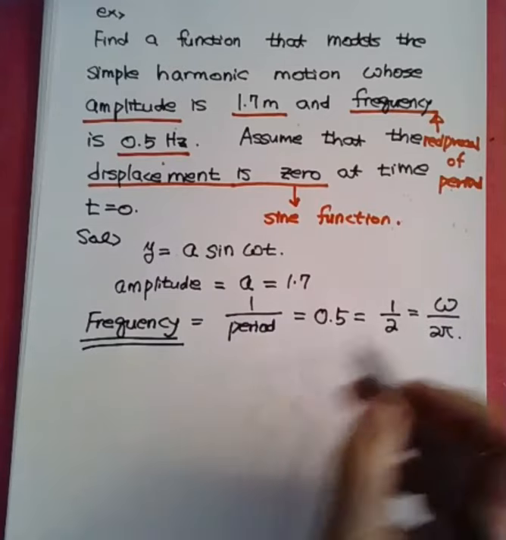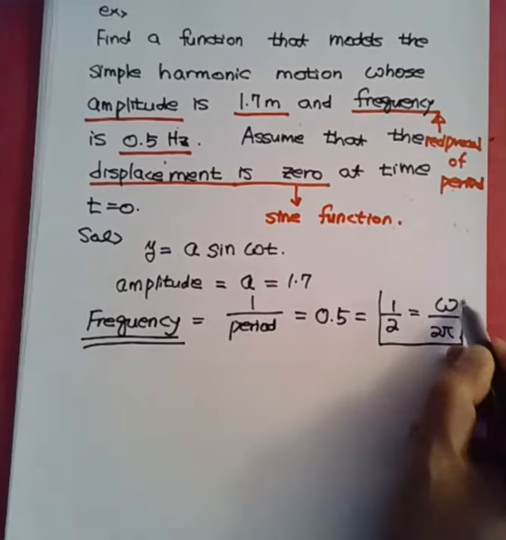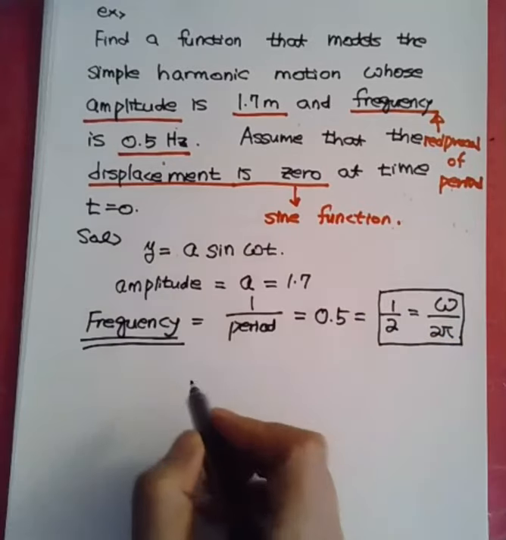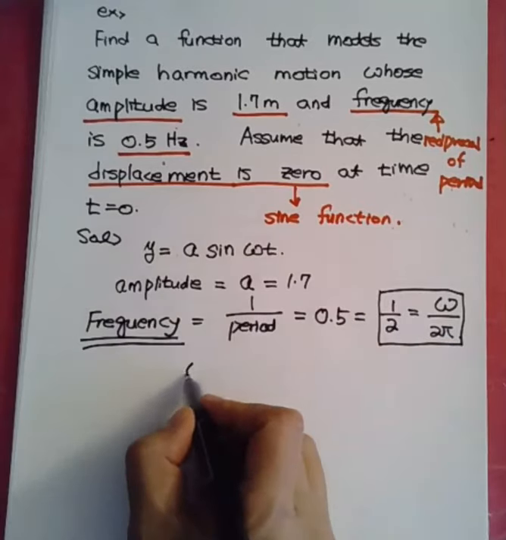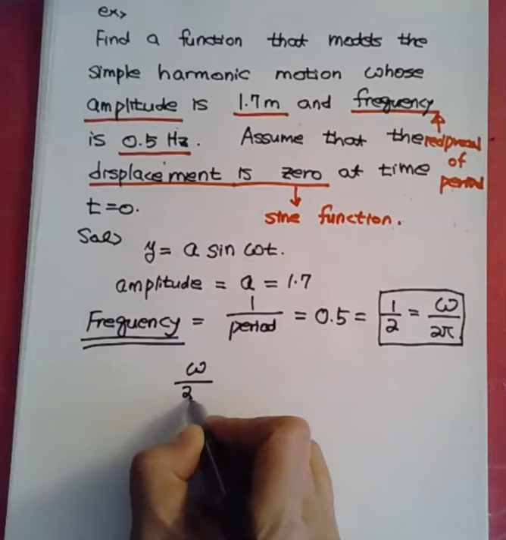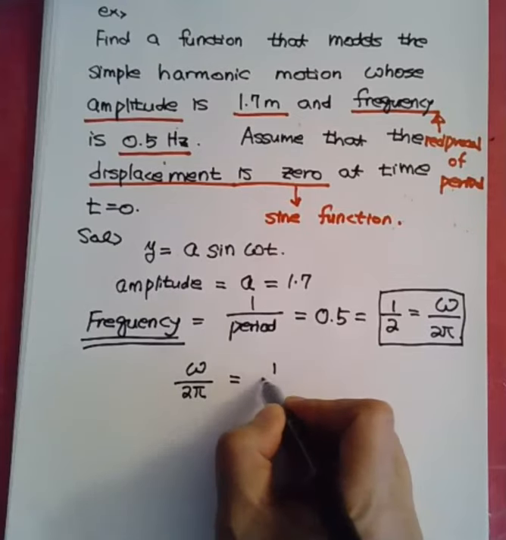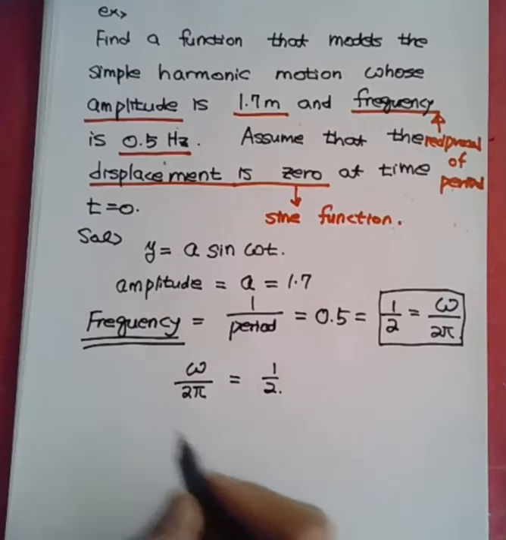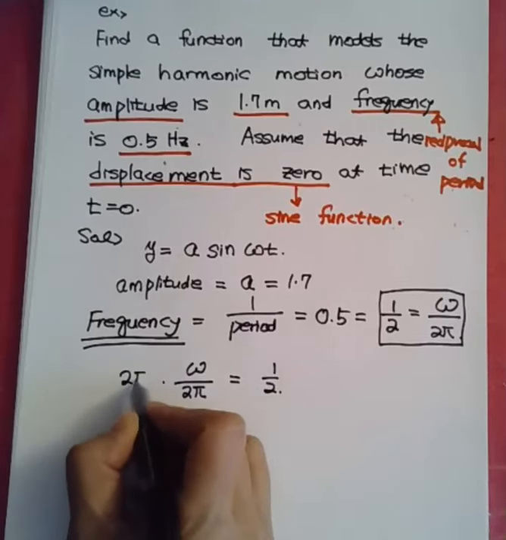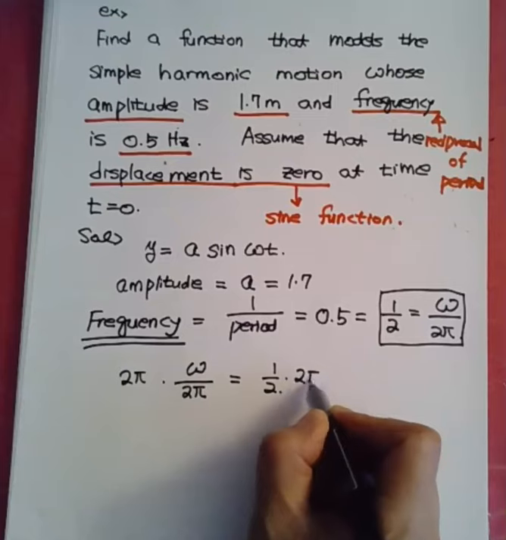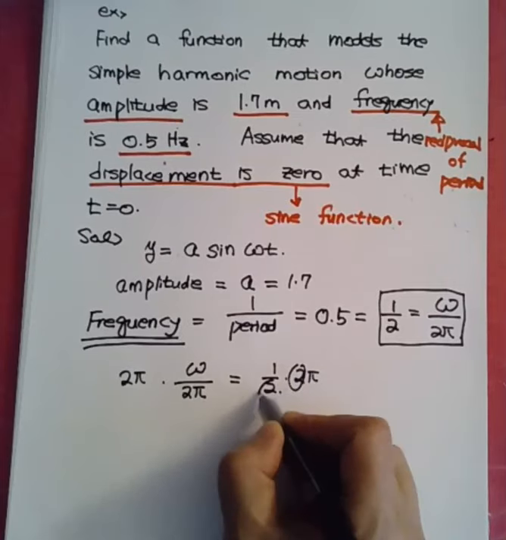So we will use this part to solve for omega. Omega over 2 pi equals 1 over 2. So we multiply by 2 pi on both sides. Then these two will cancel each other.